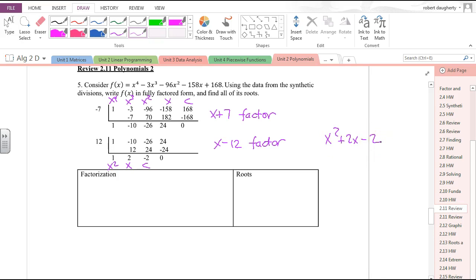Are there numbers that multiply to negative 2 and add to 2? There are not. So if I set this equal to 0, then I get x equals negative 2 plus or minus the square root of b squared, so that's 4, minus 4ac, over 2a. x equals negative 2 plus or minus the square root of 4 plus 8, that is 12, over 2.